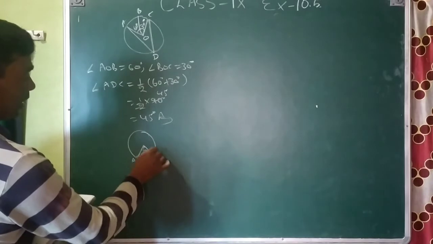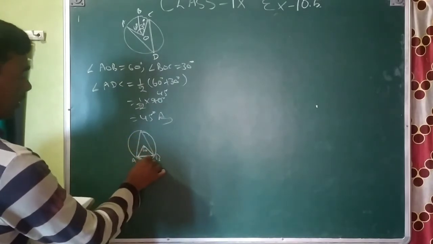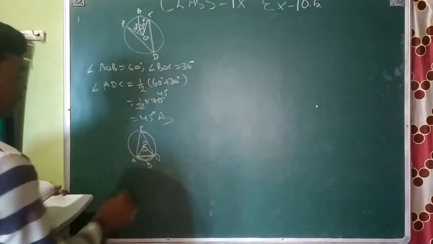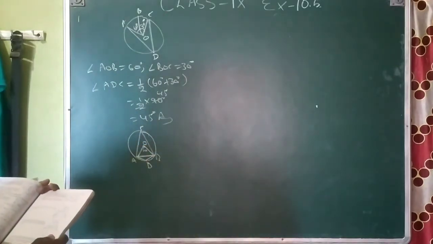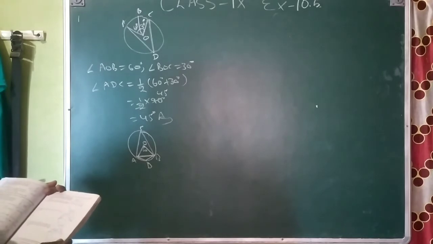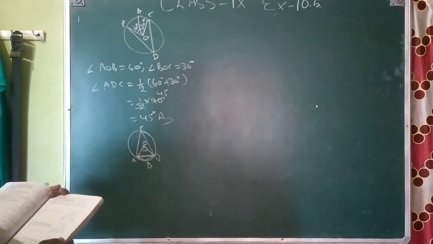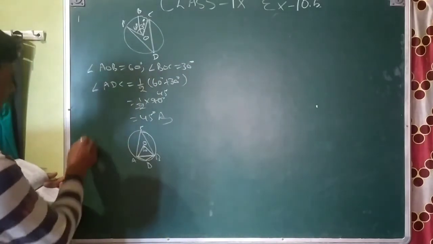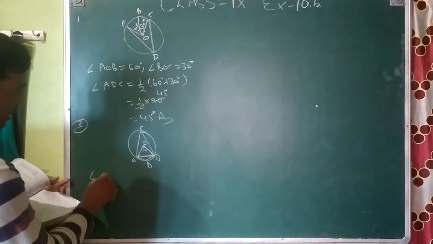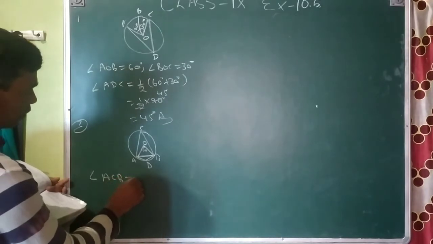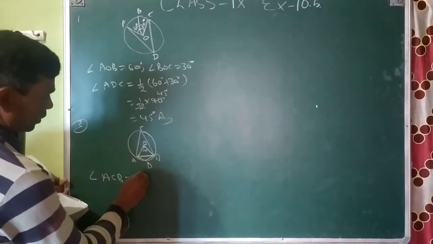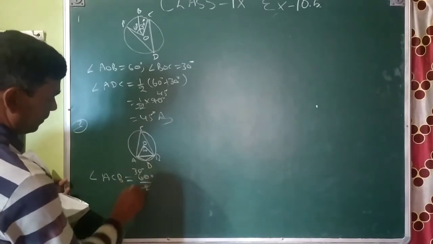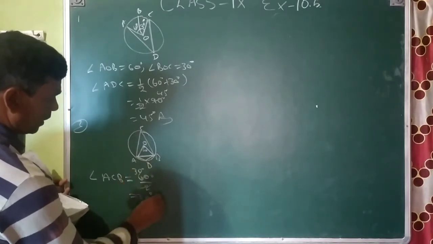A, B, C, D, O. Find the angle subtended by the chord at a point on the minor arc and also at a point on the major arc. For the minor arc, angle ACB is equal to half of this one. So 60/2, that will be 30 degrees.